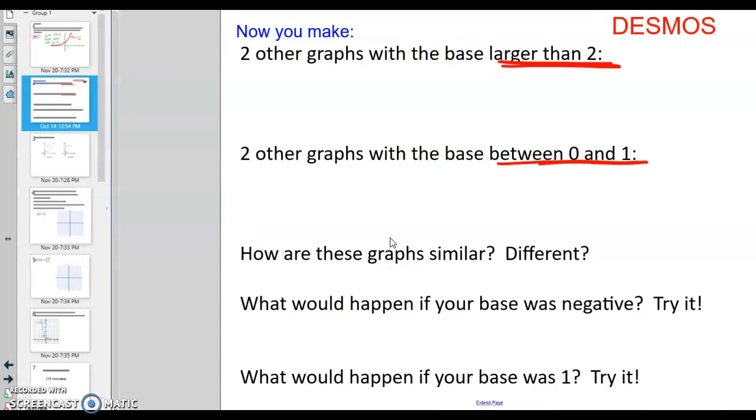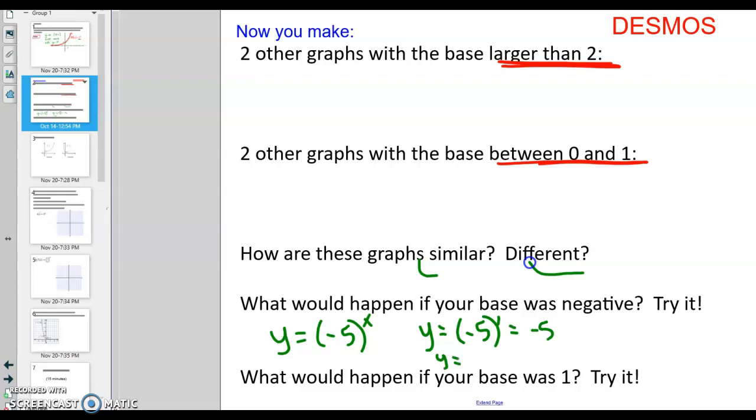So again, we already said how these graphs are similar and different. They're different because they're increasing or decreasing, and they're similar in their x and y intercepts and their horizontal asymptotes. Now, if your base was negative, we tried the example here with negative 5 to the power of x, and most of you got no graph. Again, that's because if you tried negative 5 to the power of 1, we'd get negative 5.